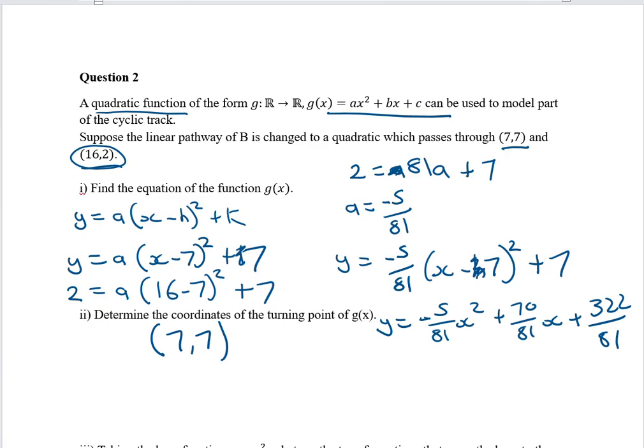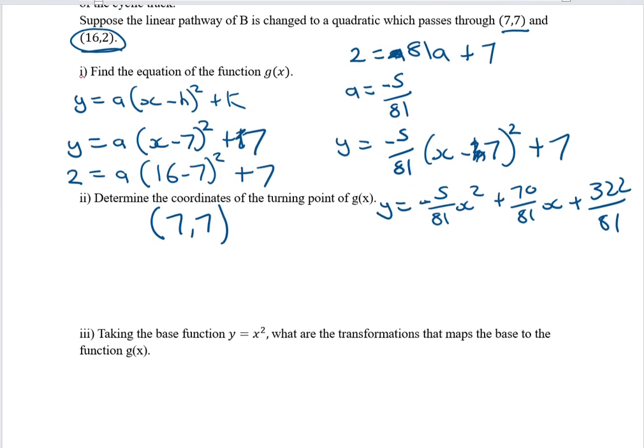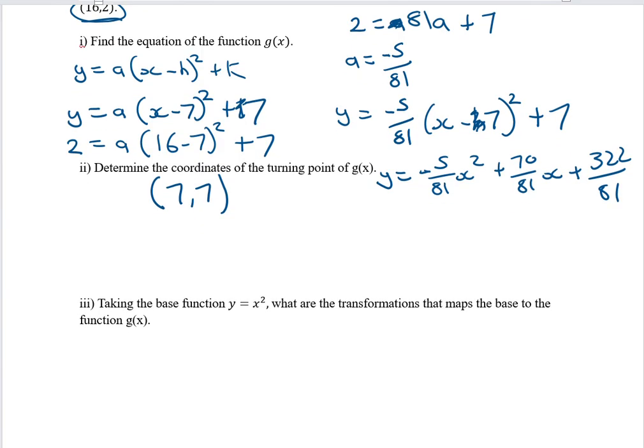So this is the reason why, if you look at these numbers, it's a ClassPad activity. You need to be able to understand everything, but you need to be able to use your CAS calculator to make it simpler. Okay.